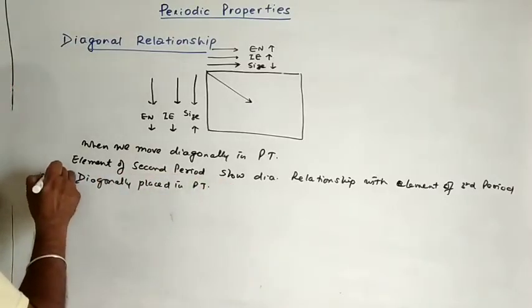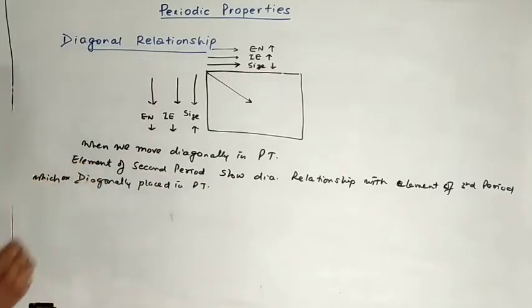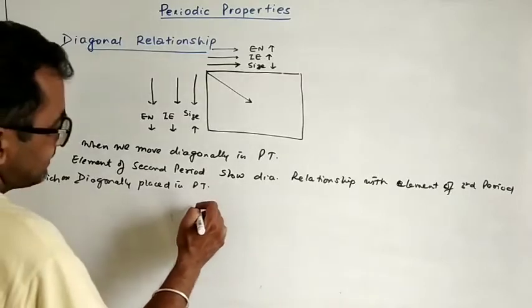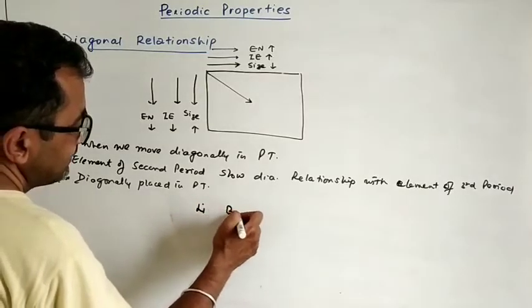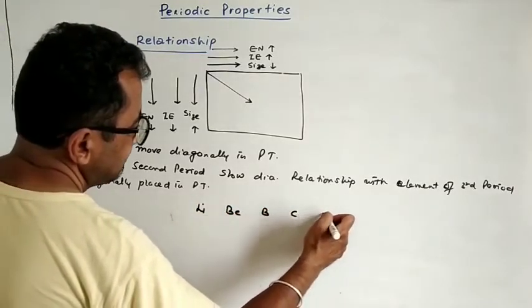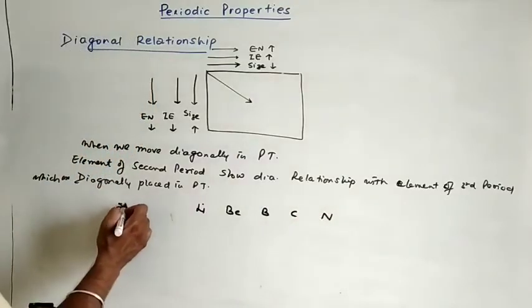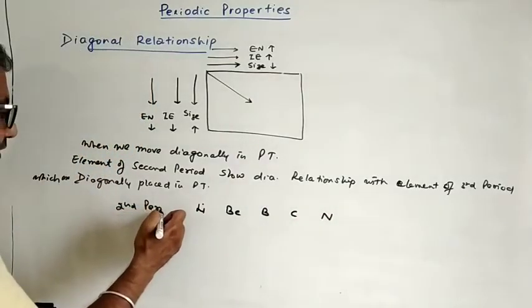Which are diagonally placed in the periodic table, like lithium, beryllium, boron, carbon, nitrogen. This is the second period element.